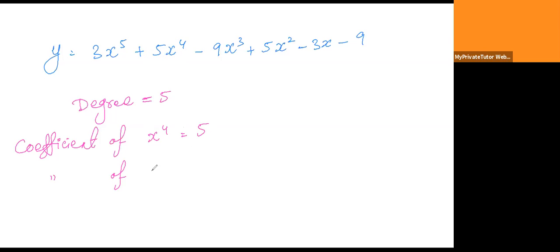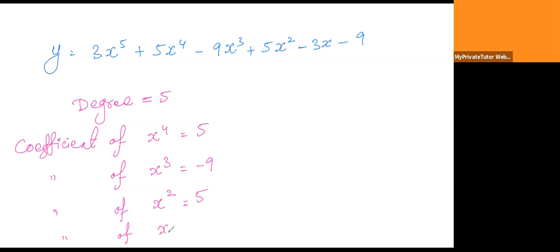5. So what is the coefficient of x^3? Can you please try that, Mohammed? Yep, minus 9, very good. And then what is the coefficient of x^2? 5, very good.